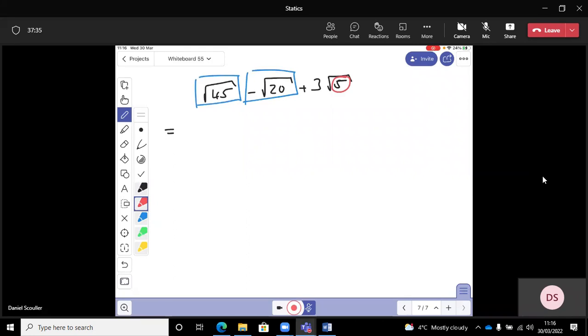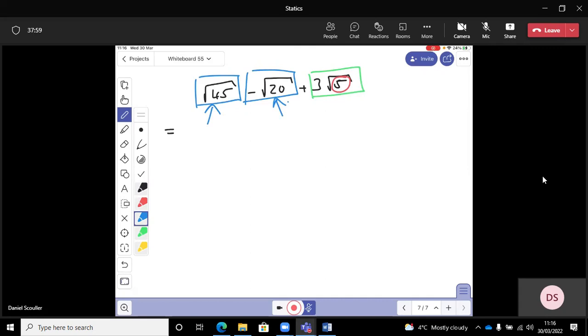Okay, so that last term there, that 3 root 5, that's a clue what you're looking for here. Okay, we're looking to end up with a bunch of root 5s. Okay, so we're looking to split up this and this and be left with something root 5.